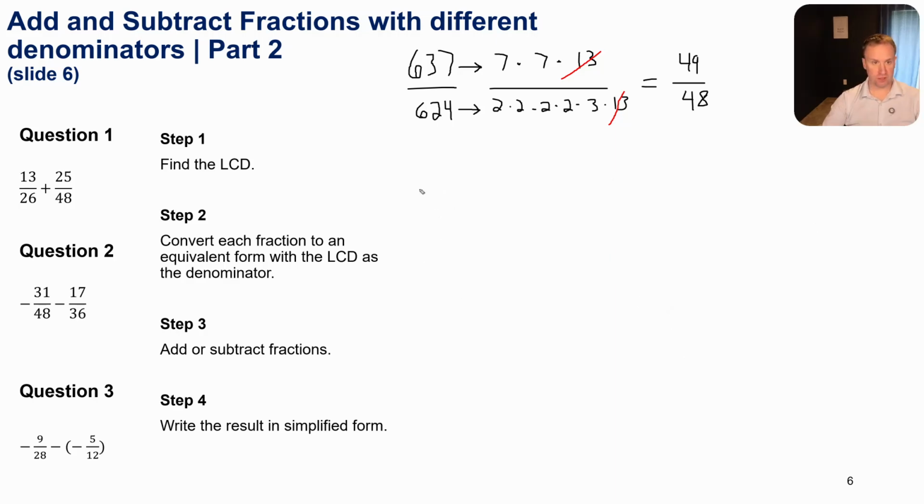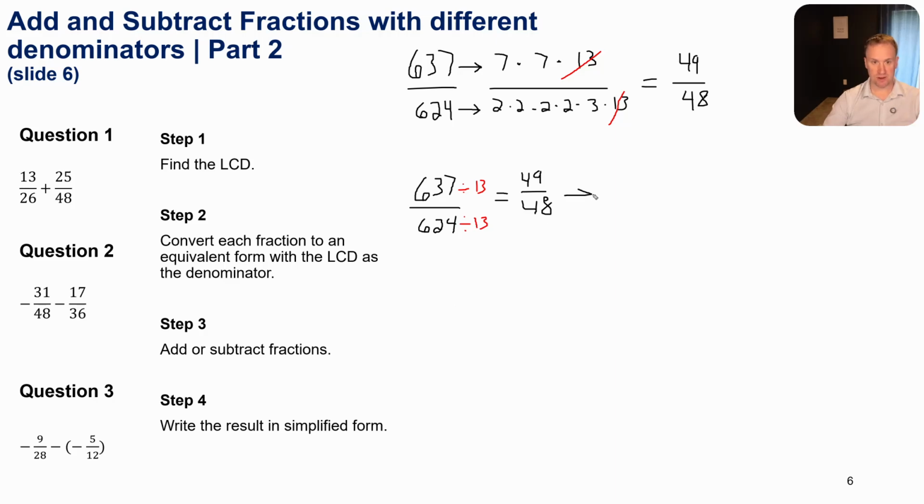Or if you would prefer to structure it by showing a division of a factor, you can simply divide both the top and the bottom by that common factor of 13. And again, you would get to 49 over 48 here. Now 49 over 48 is simplified. This can also be changed to a mixed fraction though.